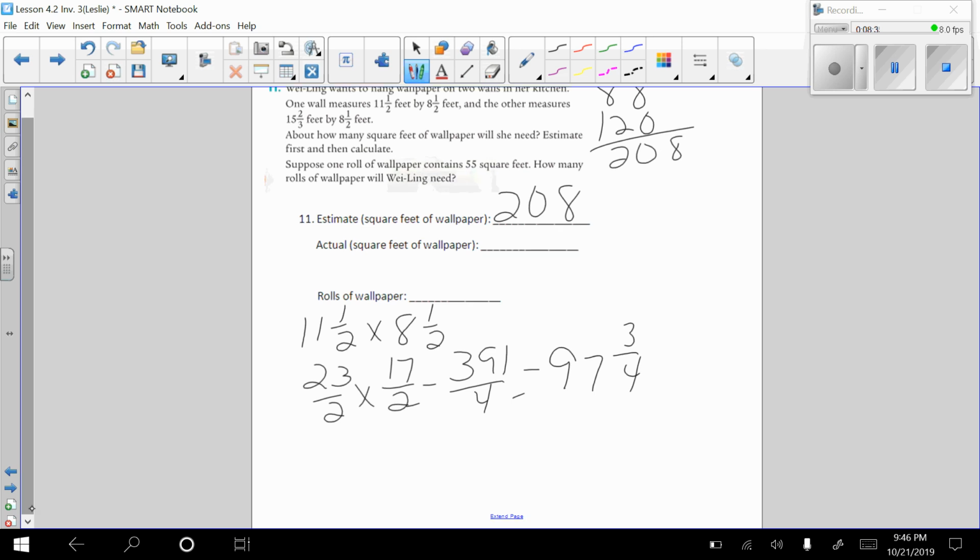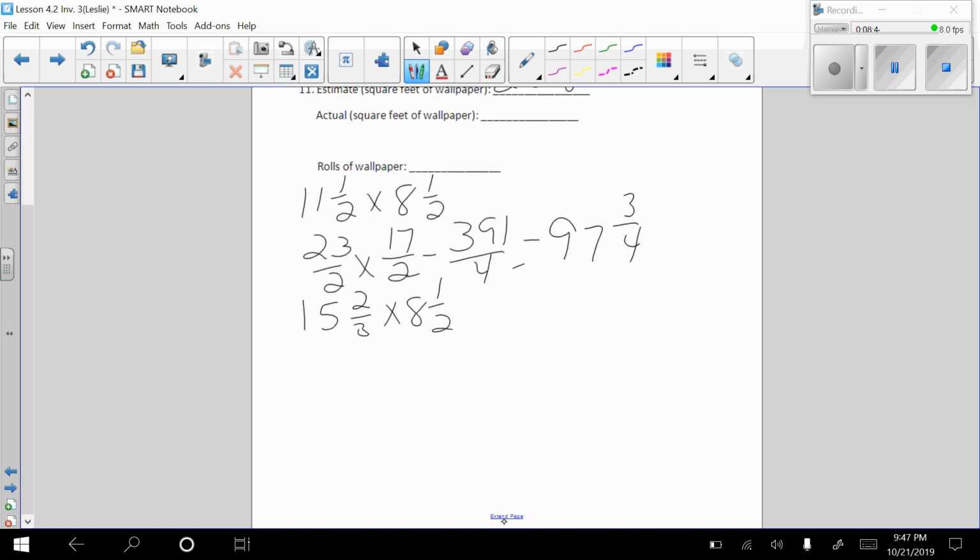Then I would have to do the other wall, because remember, she has 2 walls. So I would take 15 2/3 times 8 1/2. Again, change them to improper fractions to begin with. 15 times 3 is 45, plus 2 is 47 over 3. 8 times 2 is 16, plus 1 is 17 over 2.